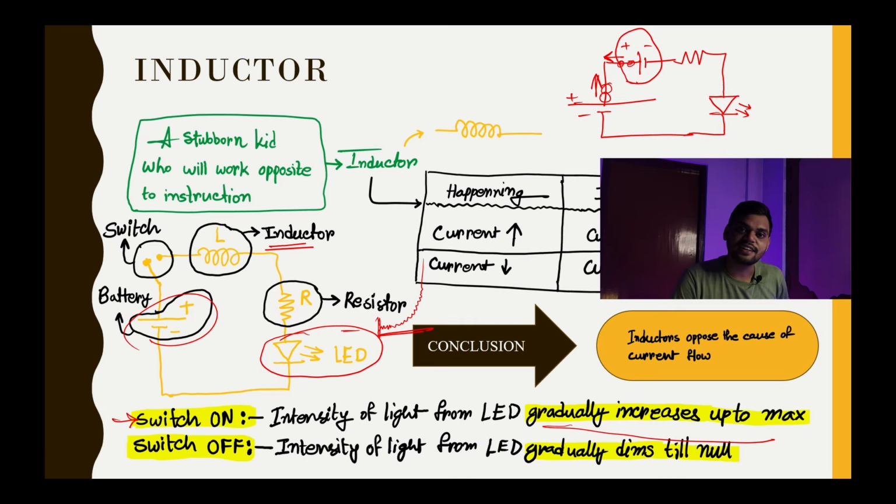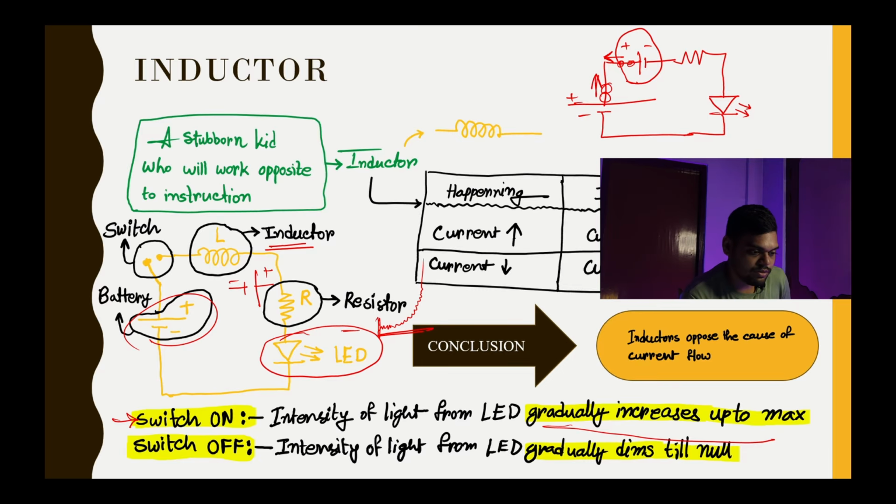So the inductor will try to increase that current flow, and it will generate another EMF which will be similar to the polarity of the battery, like this. To increase that current flow, it will try to create a same polarity EMF in the circuit.